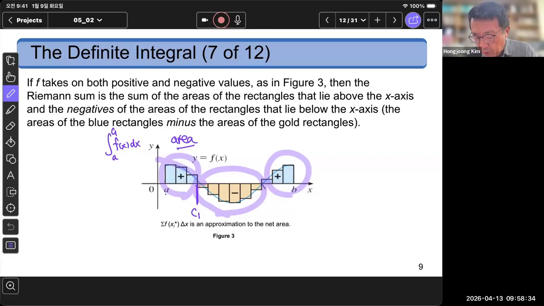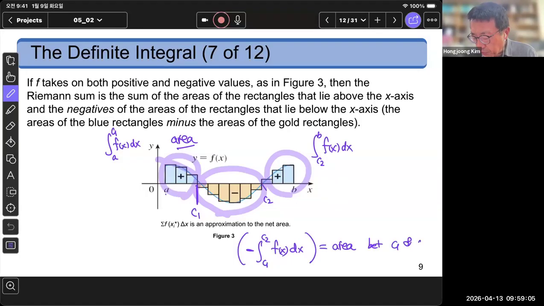If this point is C2, then the integration of f of x dx from C2 to B represents the area of the region. But if I integrate this function from C1 to C2, you get a negative value. So if I put a negative sign, that will be the area of the region between C1 and C2.